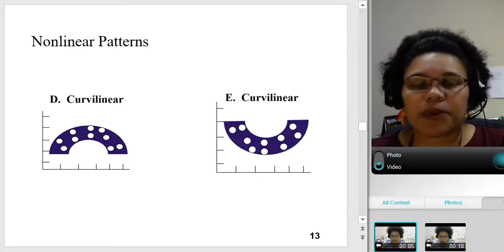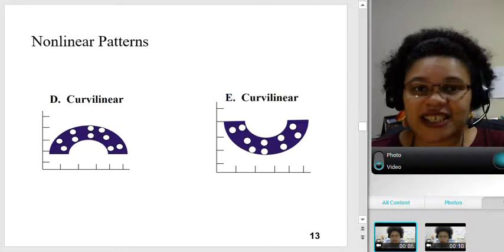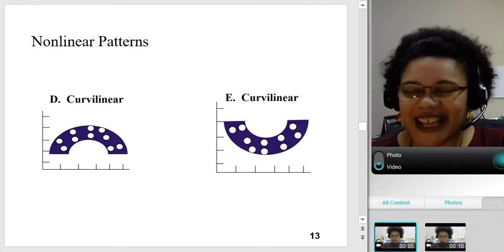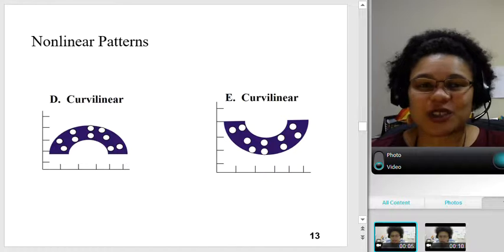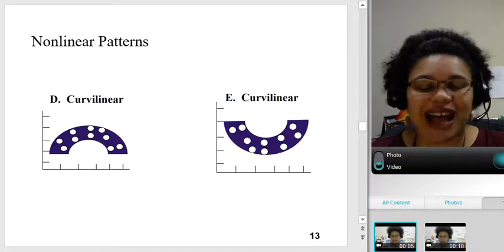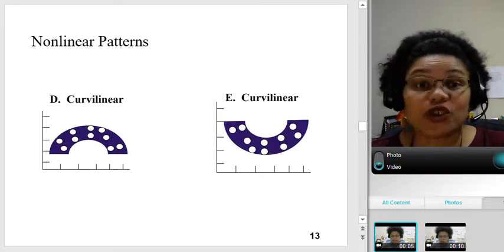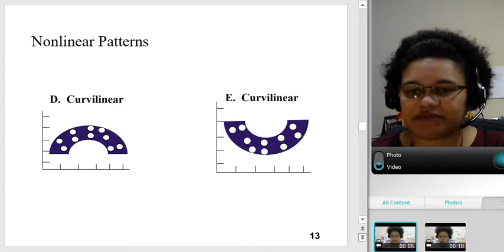The Pearson product moment correlation statistic only works if you have a linear relationship. So one of the things we'll talk about is how it's important to plot out your data and see what kind of relationship you have before you use a particular statistic.